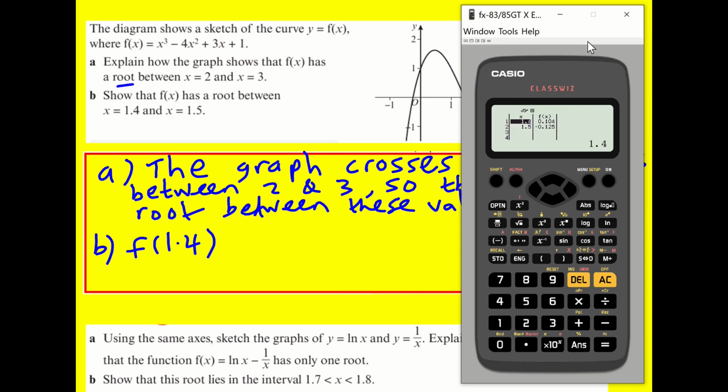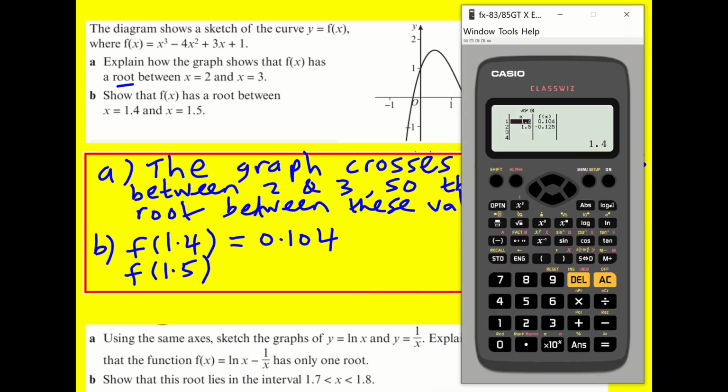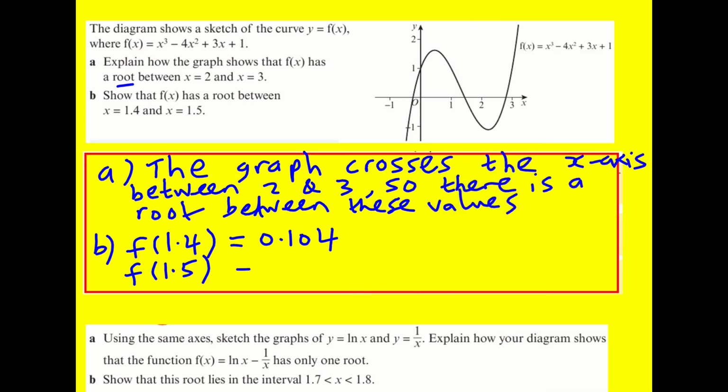So f of 1.4 is 0.104 and f of 1.5 is minus 0.125.